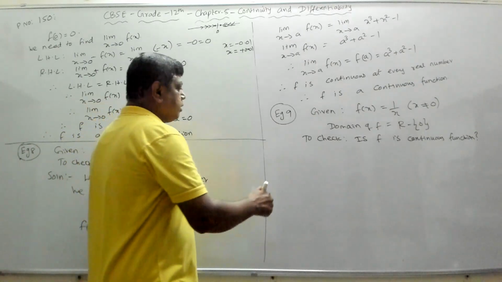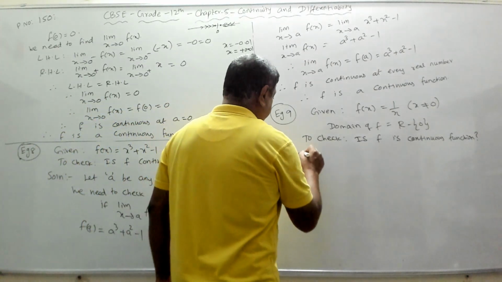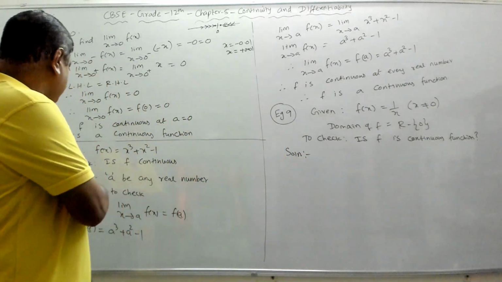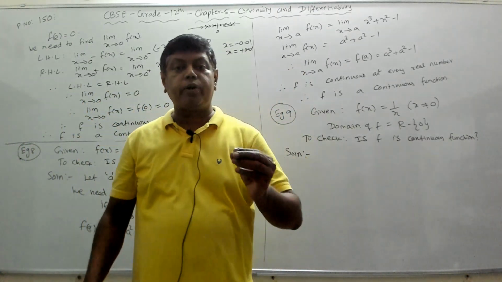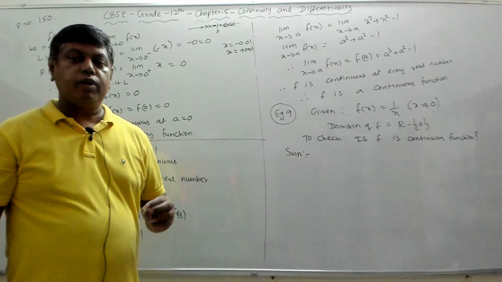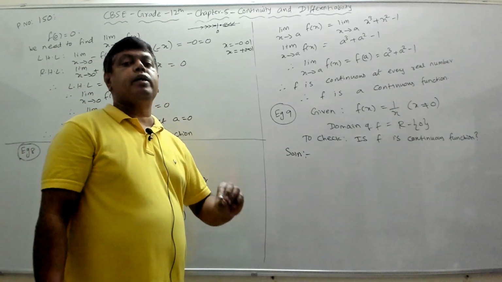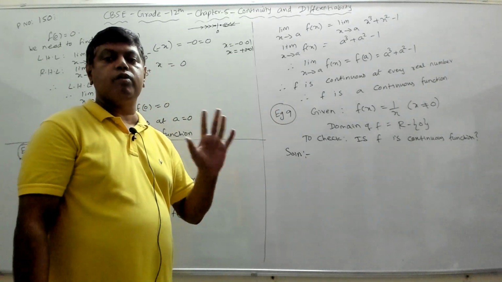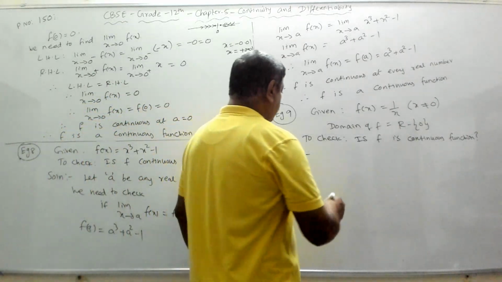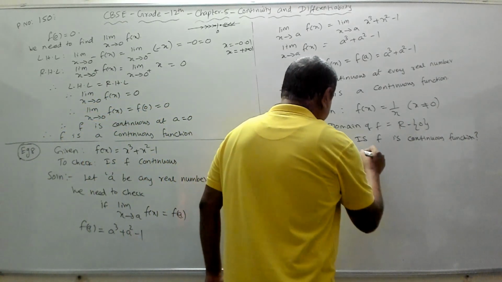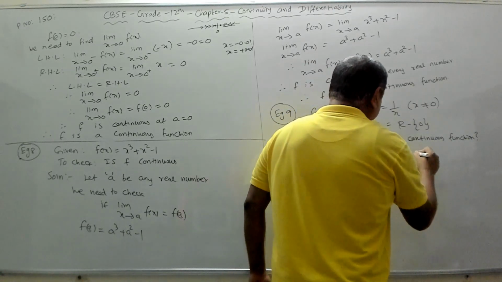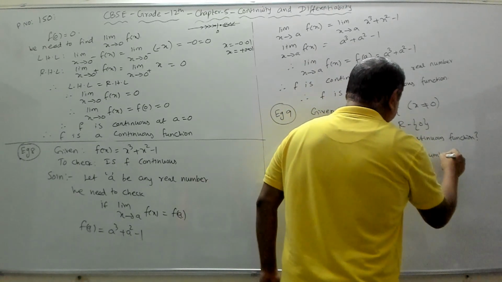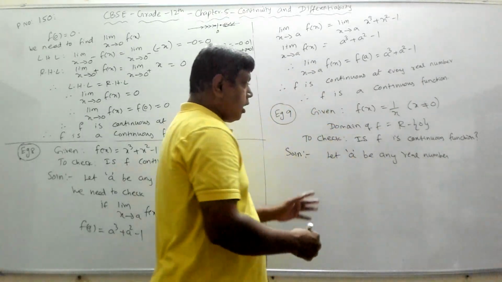Right? Now again, solution. So what do we say? Since we are not checking the continuity at a particular point, we have to take it in general. Let a be any real number. We can't take a particular value for a. So let a be any real number other than 0.